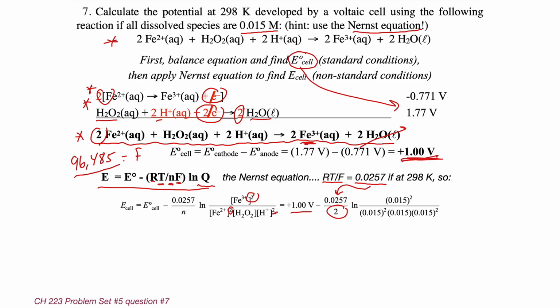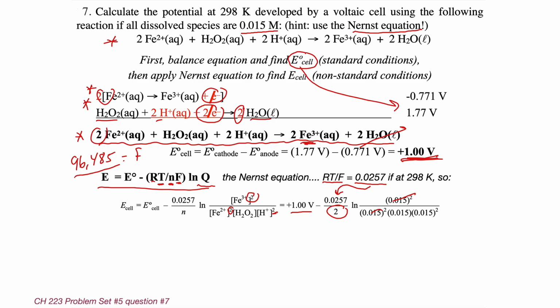And in this problem, all the dissolved species are apparently 0.015. So you can see there's lots of 0.015s in this reaction quotient, no problem. And of course, if you want to make it easier on yourself, those would cancel. It would be like natural log of 1 over 0.015 to the 3rd power. This is just fun for your calculator.